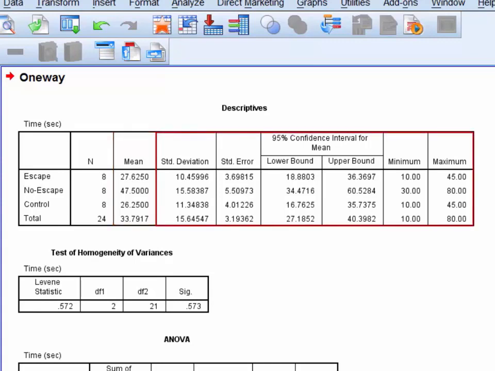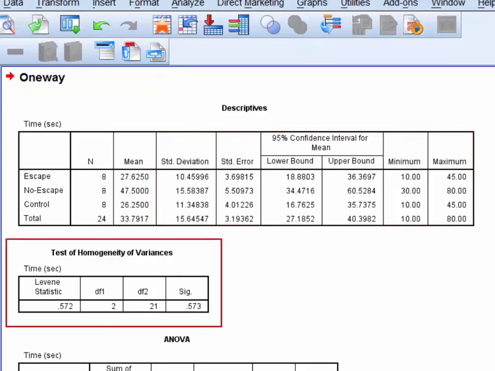In the descriptives table, we also have standard deviations and standard errors for each group, 95% confidence intervals around each mean, and minimums and maximums. In the test of homogeneity of variances table, we have the results of Levene's test. This test tests the null hypothesis that the 3 group variances are approximately the same, or homogeneous.